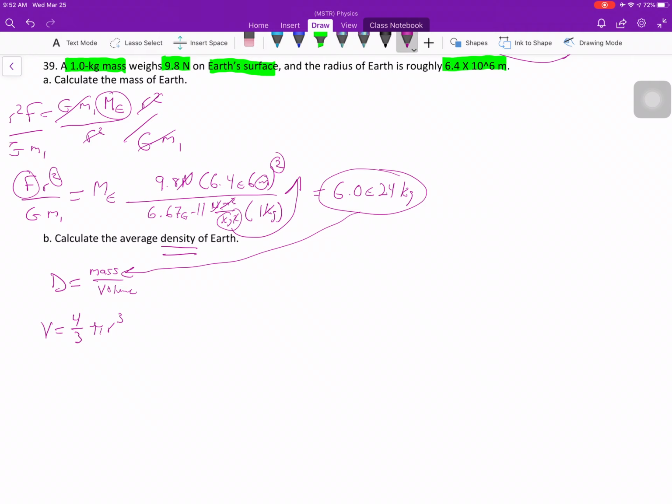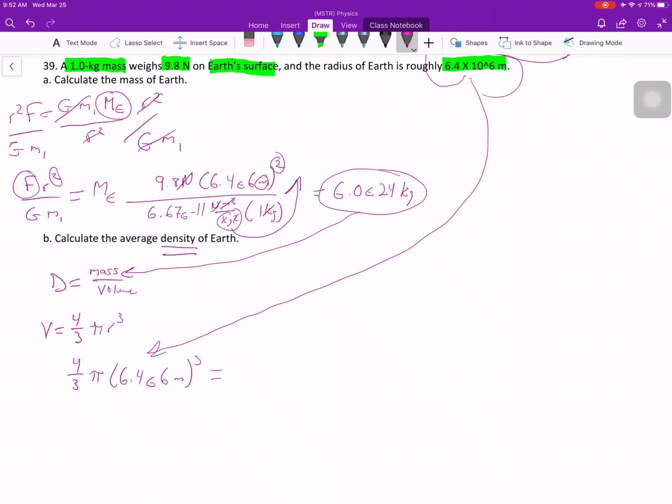So when we look at that, what are the variables that we need? We just need the radius. So we have 4/3 times pi, and the radius we have right here. So let's bring that in. We go 6.4 times 10 to the 6th meters, and remember, that is cubed.